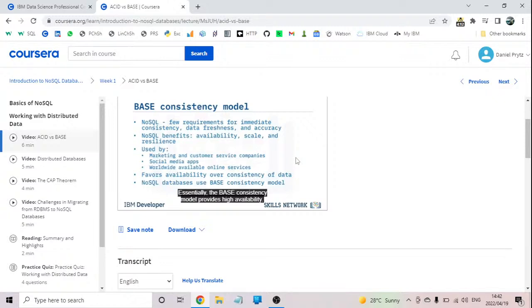BASE model, NoSQL is mainly used for it. It has high availability, and it has scalability and resilience. It's used by marketing, worldwide services, and companies.